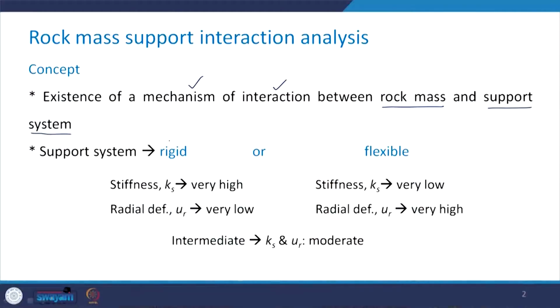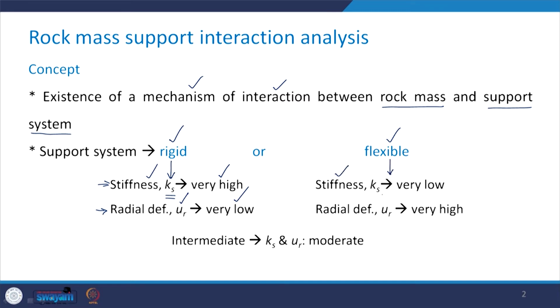Accordingly, this support system can be either rigid or flexible. In case of a rigid support system, its stiffness Ks is going to be extremely high, and the radial deformation which will be allowed will be very low because the support is very stiff. What happens in case of a flexible support system?